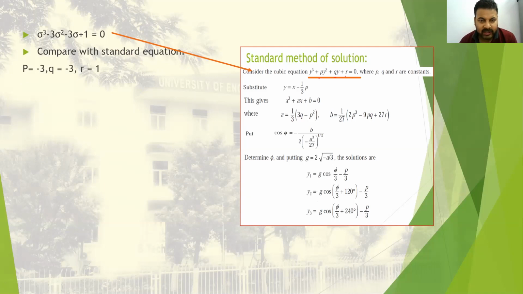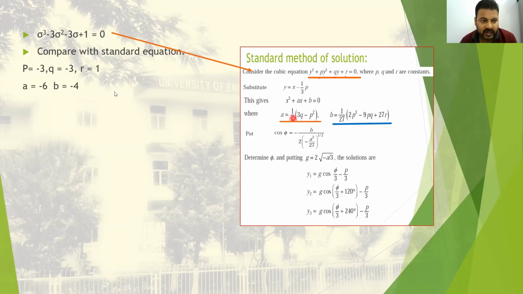So one can compare it very easily. After that, we need to find out the values of A and B with this formula. A is equal to this and B is equal to this, as we have already the values of P, Q and R. So upon calculation, the values come like this. A equal to minus 6 and B equal to minus 4.